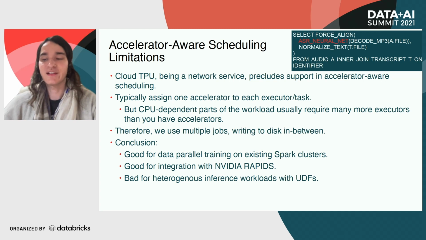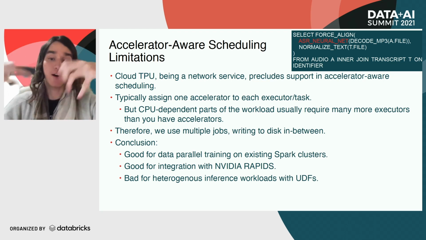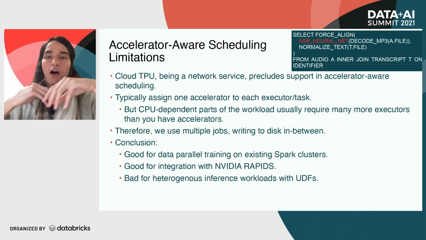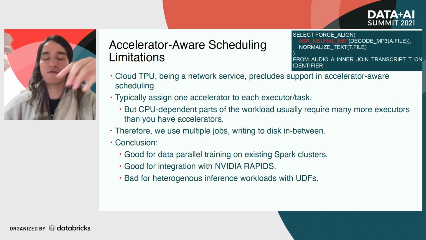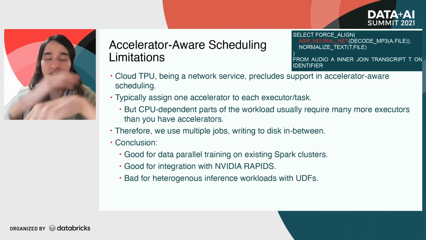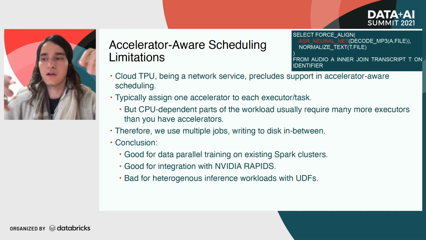The first one is that the Google TPU is essentially a software as a service, or you could say hardware as a service over the network. So if you're used to using AWS or Google Cloud Platform, when you allocate a GPU instance, that GPU is part of the computer instance that you create.